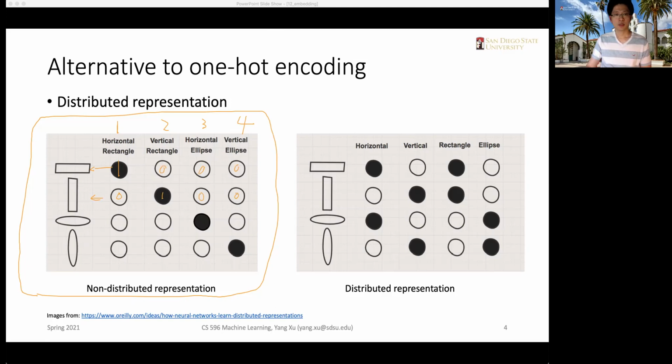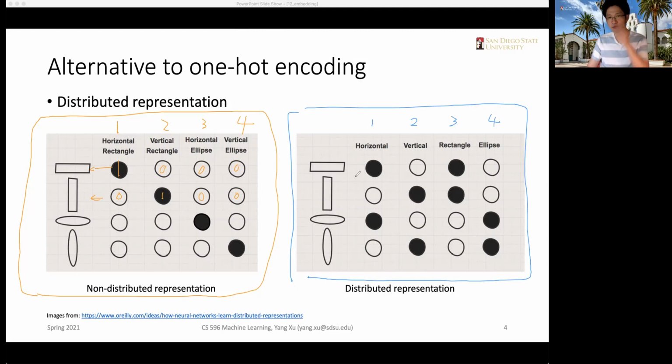Another way is that we don't use those specific features, but we use some abstract features. We can extract abstract properties of the objects, like whether it's horizontal, whether it's vertical, whether it's a rectangle or an ellipse. So for the first object, because it's a rectangle and horizontal, the distributed representation would be 1, 0, 1, 0.